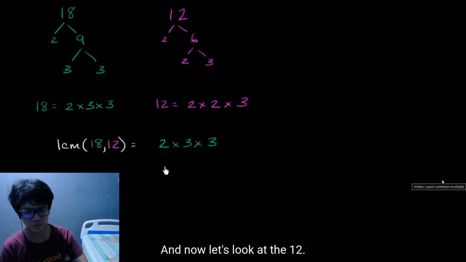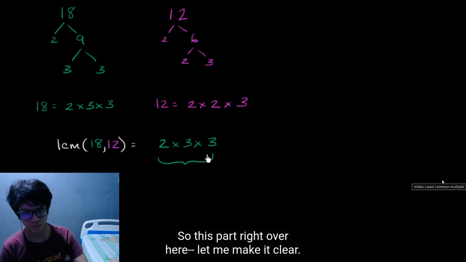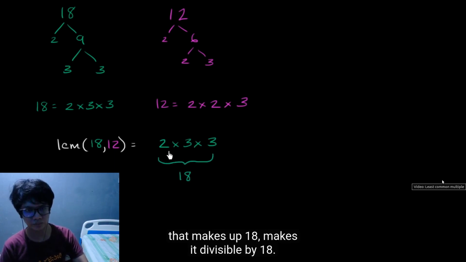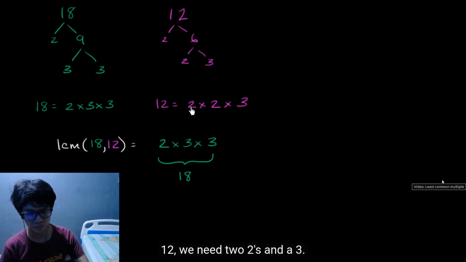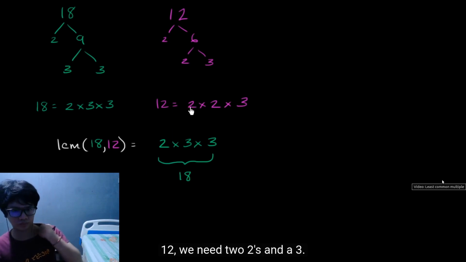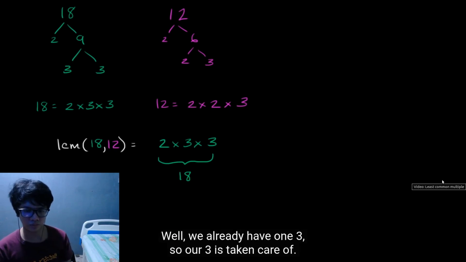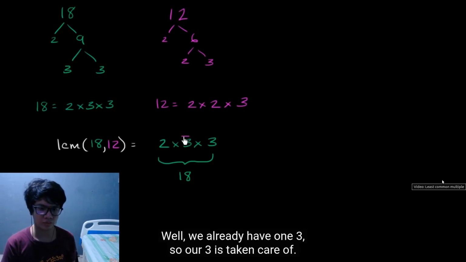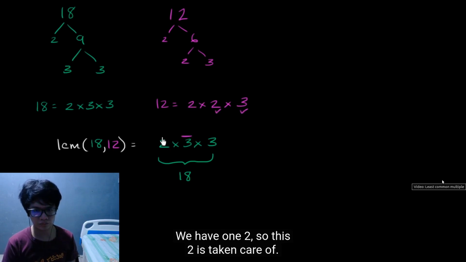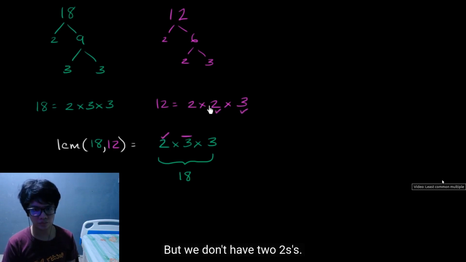And now let's look at the 12. This part right over here is the part that makes it divisible by 18. And then let's see, 12, we need 2 2's and a 3. Well, we already have 1 3, so our 3 is taken care of. We have 1 2, so this 2 is taken care of. But we don't have 2 2's, so we need another 2 here.